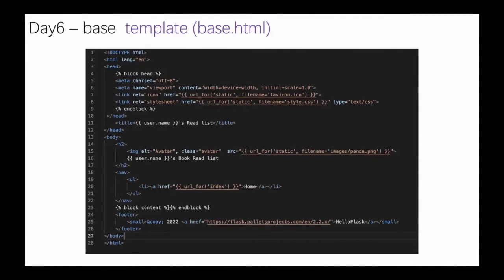For example, we have created a base HTML template, beginning with the block head and ending with the end block. And also there is a meta section. We have inserted the meta information: the name, viewport, and content.